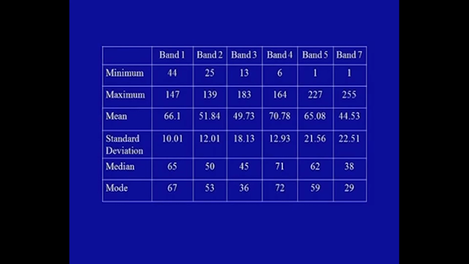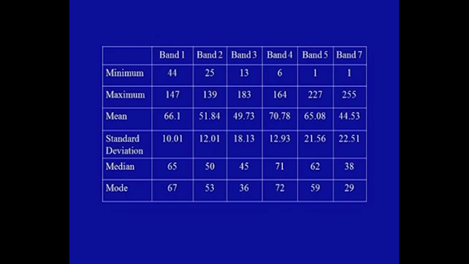The mean has been computed for each of these bands, and it is 66.1, 51.84, 49.73, 70.78, 65.08, 44.53 respectively for the 6 bands, with a standard deviation of 10.01, 12.01, 18.13, 12.93, 21.56 and 22.51 respectively for the 6 bands.